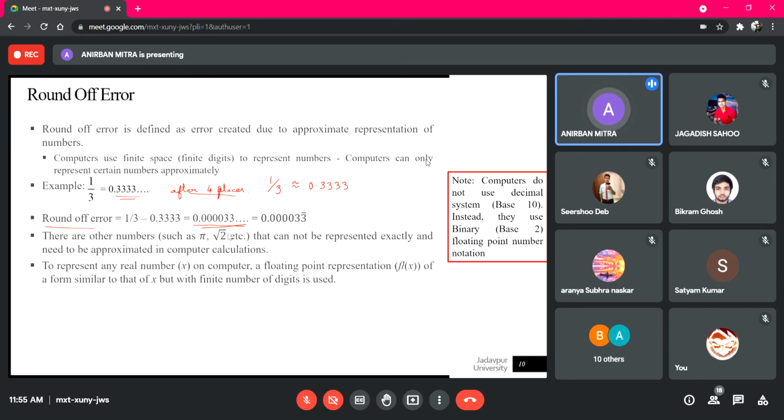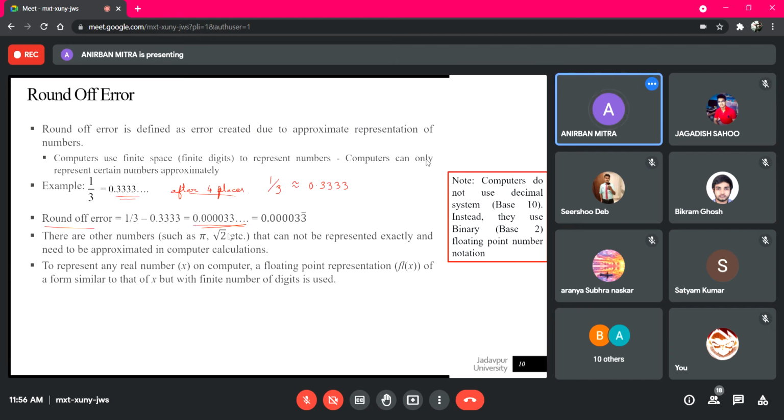In general, what we can say is that any real number x, when represented on a computer, will have a floating point counterpart of it. And this floating point representation, let us say fl(x), is of a form similar to that of x, but it has a finite number of digits. Think of the numerical example that was just shown. So 1 by 3 is the real number.